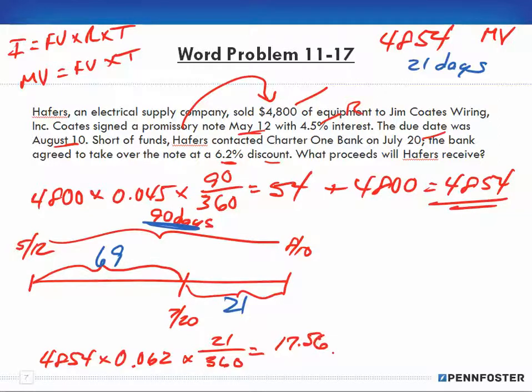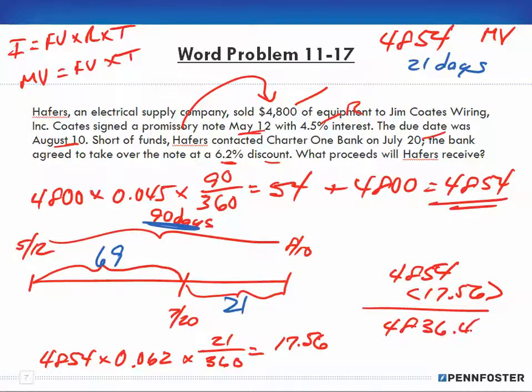In interest that's being discounted. And we want to know what the proceeds are, so we're taking the $4,854 and we're subtracting the $17.56. And that gives us $4,836.44 in proceeds. Okay, so this here, the $17.56, is the discount amount.